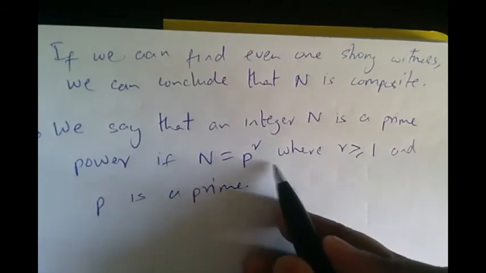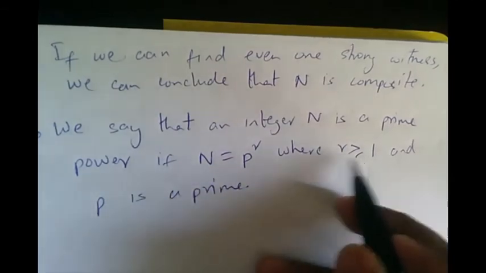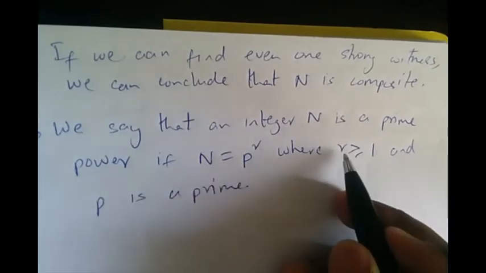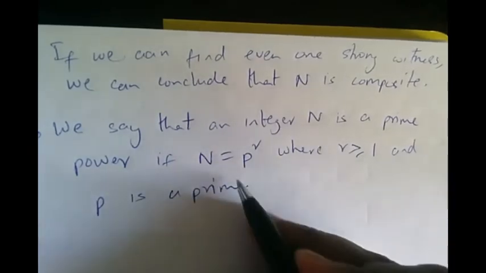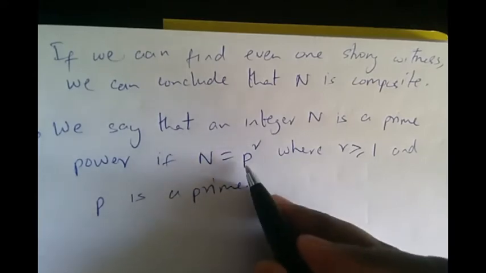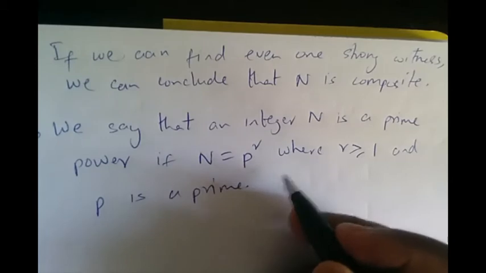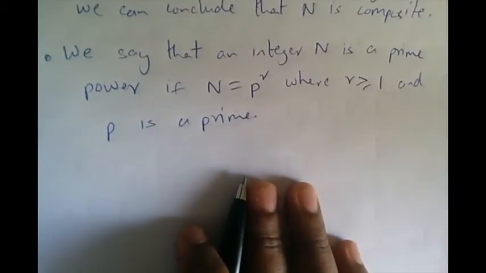So a prime is also a prime power, because r equals 1 is allowed. If n is a prime, n is equal to p raised to 1, so you can consider it a prime power. But higher powers are also prime powers, so n can be p square, where p is a prime, or p cube, p raised to 3, and so on. Those are called prime powers.